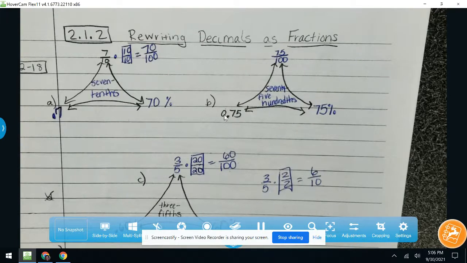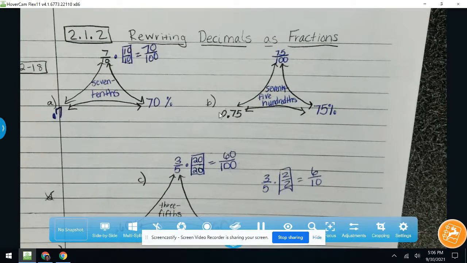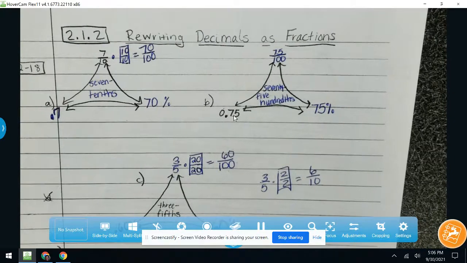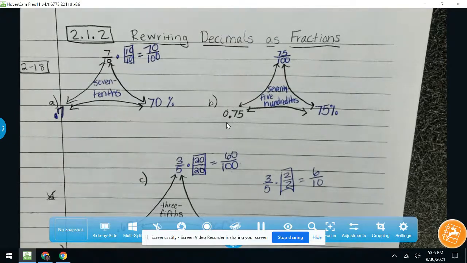If we look right here, what does that look like to you? I see quarters. How many quarters is that? That would be 3/4.